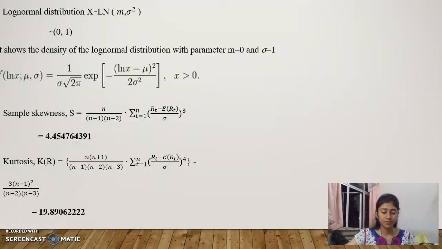And this is the log normal distribution formula. It shows the density of log normal distribution with parameters 0 and 1.